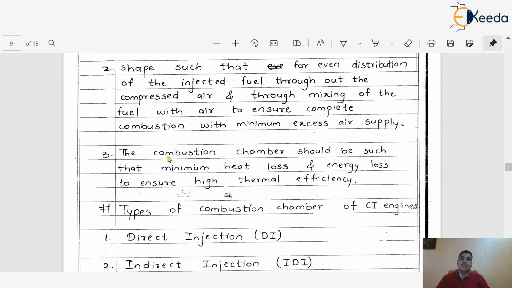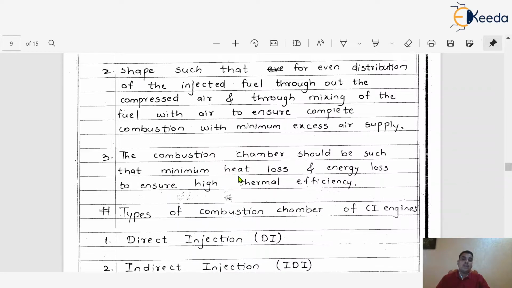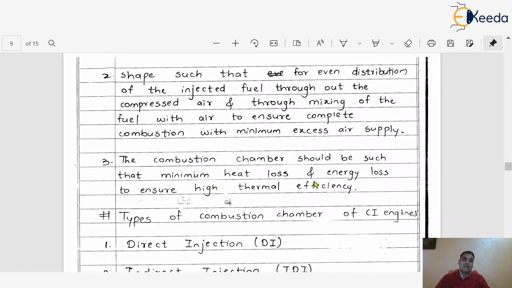The third one is that the combustion chamber should be such that there is minimum heat loss and energy loss to ensure high thermal efficiency. The losses play a very important and vital role in every engine. So the design should be such that there is minimum heat loss and energy loss, to ensure high thermal efficiency.